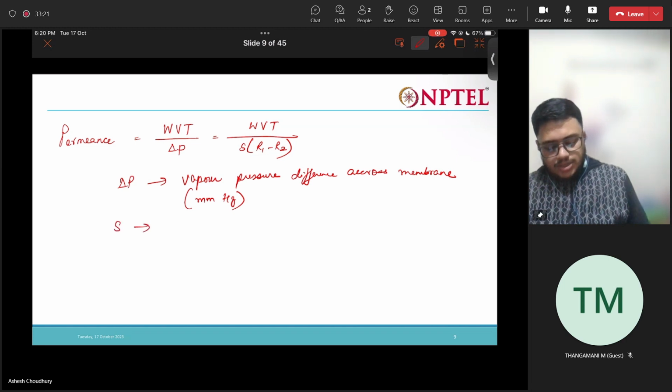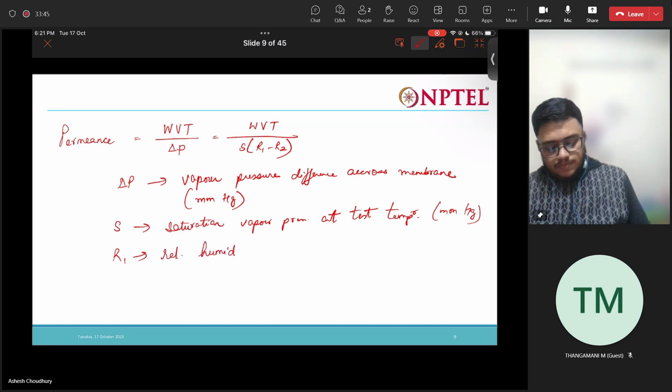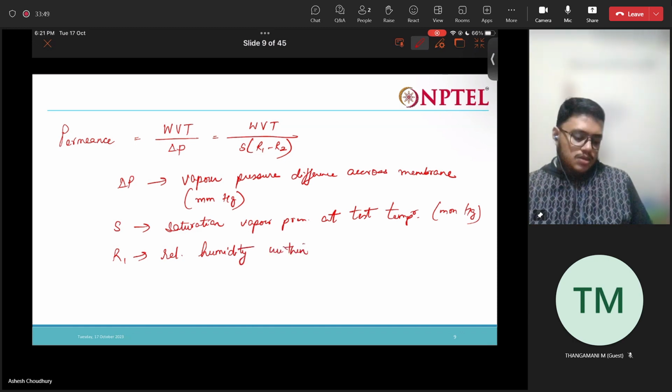Then we have S, the saturation vapor pressure at test temperature. This is also in mmHg. R1 is the relative humidity within the cup.